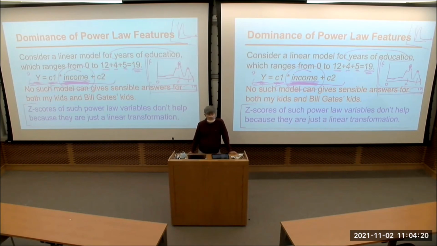One possibility is I build a separate regression model for poor people, a separate one for middle class people, and a separate one for rich people. Would that be a way of dealing with the fact that something like income has a power law distribution? I think that's what you're asking, right?